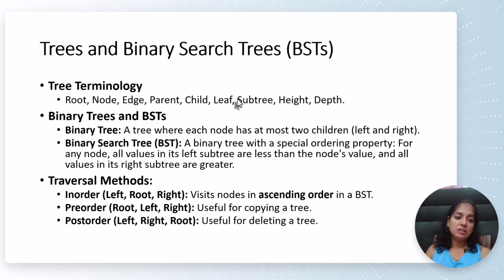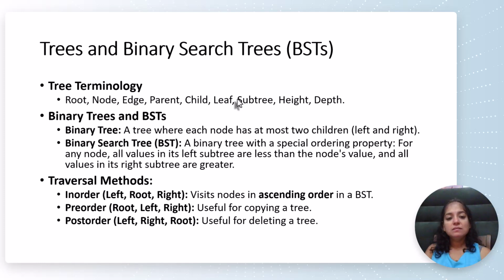Then trees and binary search trees. We just discussed trees last week. We have the terminology: a tree is a hierarchical data structure. In a tree there is only one root. Every element is called a node. Edges are used to connect the nodes.